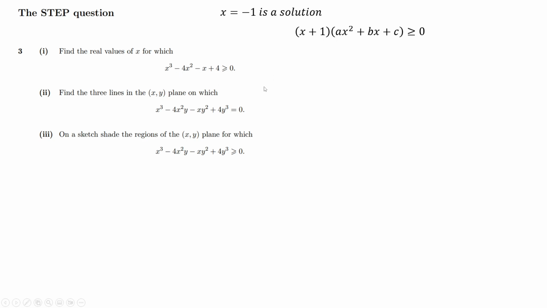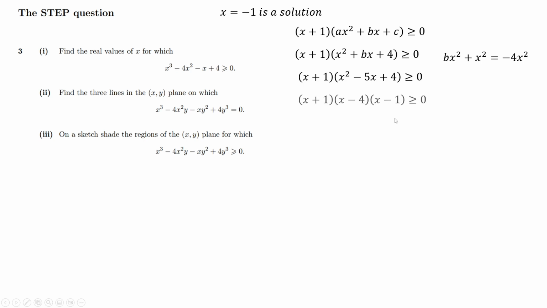A must just equal 1, right, because we've got a 1x cubed here, and then we want a plus 4 as a constant, so this c must just equal 4. Now, looking at x squared, we have this x multiplied by bx, so bx squared plus 1x squared, and that must equal minus 4x squared. So you get b equals -5 apparently.